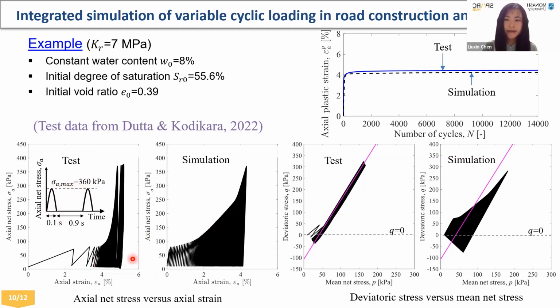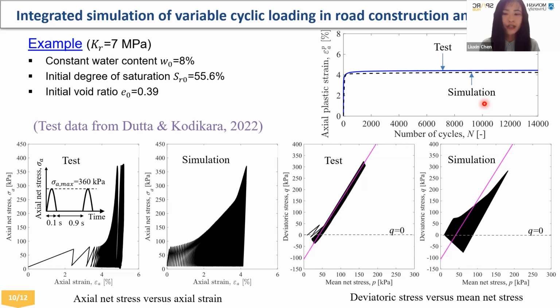These two figures present the results of axial net stress versus axial strain. And these two are deviatoric stress versus mean net stress. As you can see, the deviatoric stress goes negative, which means extension. The top one shows the evolution of axial plastic strain.